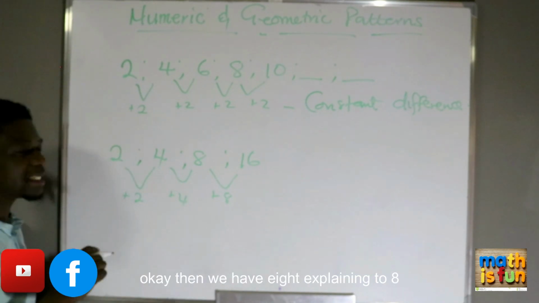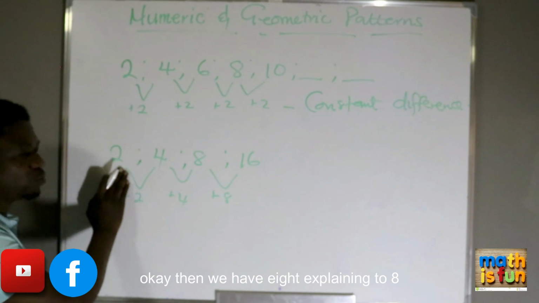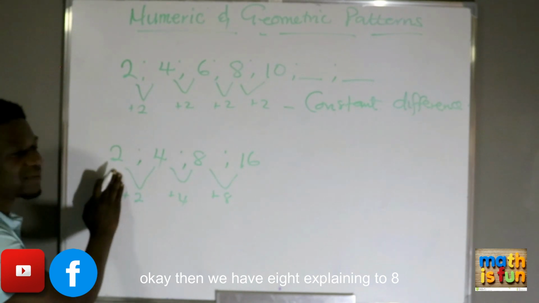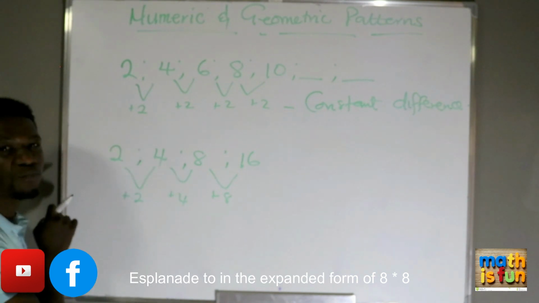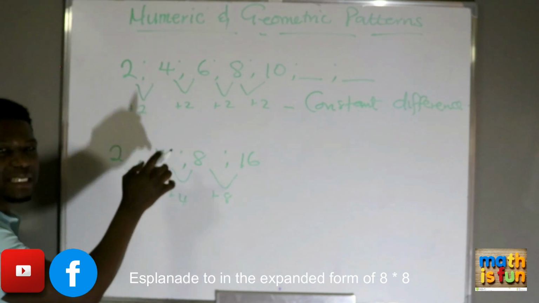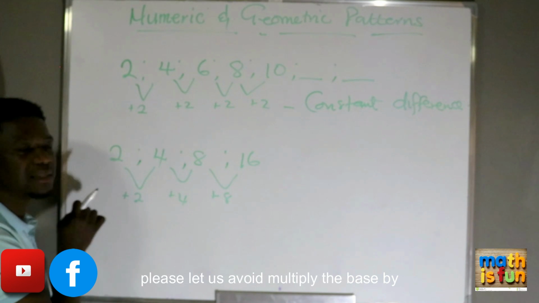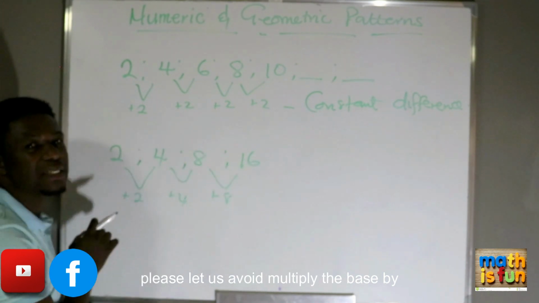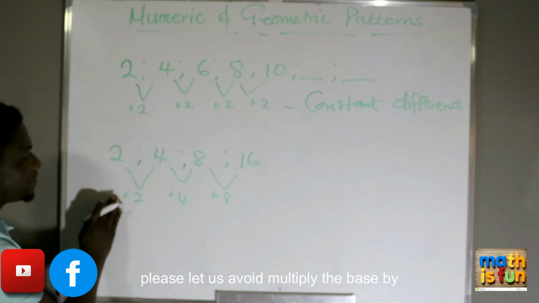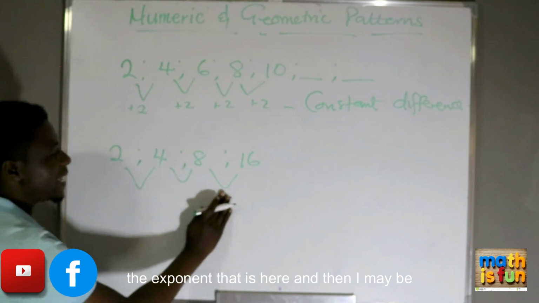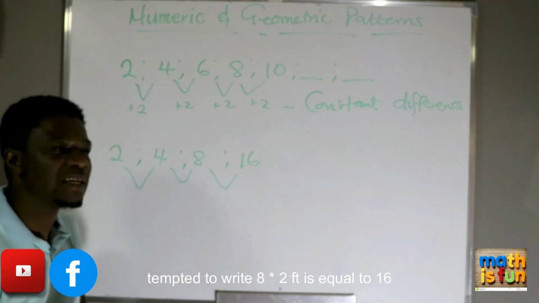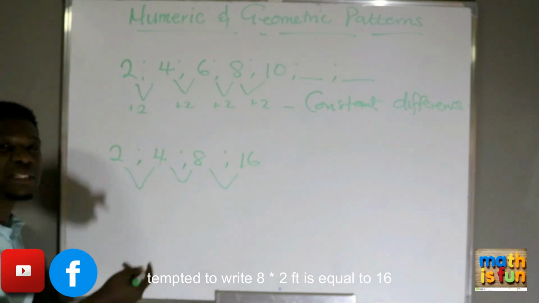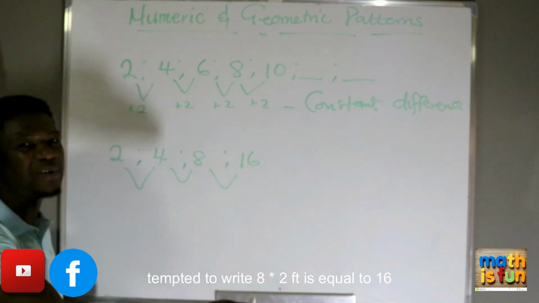Looking at it carefully, 2 times 2 gives me 4. 4 times the same 2 gives me 8. 8 times 2 gives me 16. So if this is not giving me a constant difference by addition or subtraction, then I can use a constant ratio.